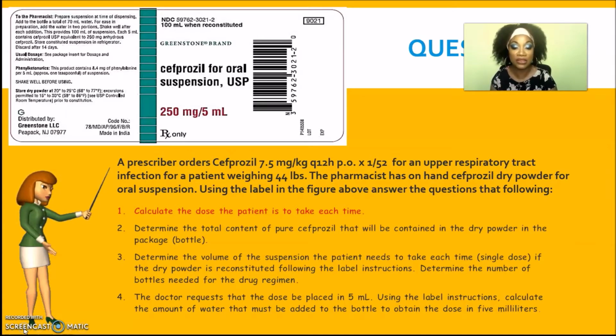Determine the volume of the suspension the patient needs to take each time if the dry powder is reconstituted following the label instructions, and determine the number of bottles needed for the drug regimen. 4. The doctor requests that the dose be placed at 5 ml. Using the label instructions, calculate the amount of water that must be added to the bottle to obtain the dose in 5 milliliters.